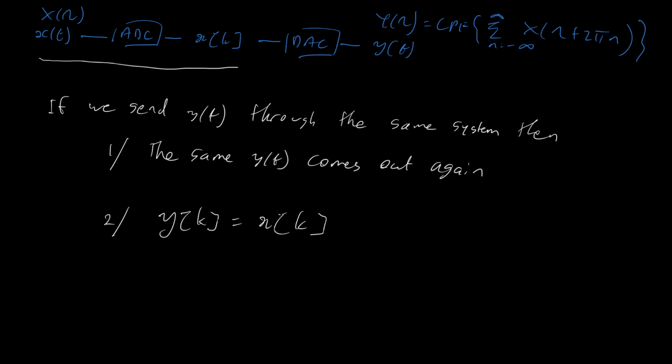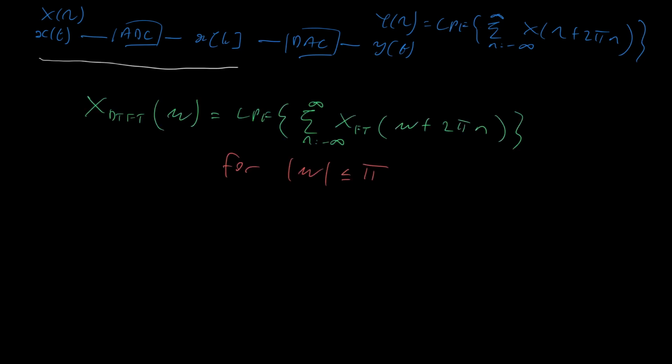But importantly, this latter choice, putting in y of t, gives me a band-limited signal, and I know from our previous result that if I put in a band-limited signal, then the discrete-time Fourier transform of x of k is going to be equal to the Fourier transform of the signal coming in. Therefore, the discrete-time Fourier transform of x of k is given by this expression here.